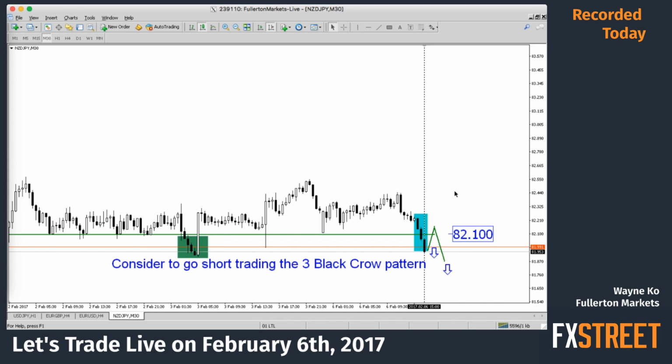If the market has already moved and priced in a dovish statement, then Kiwi Yen may not move much after that. So it depends on how the market has behaved prior to the news. So this is Kiwi Yen for now. A very short-term trade, possibly happening in 18 minutes.